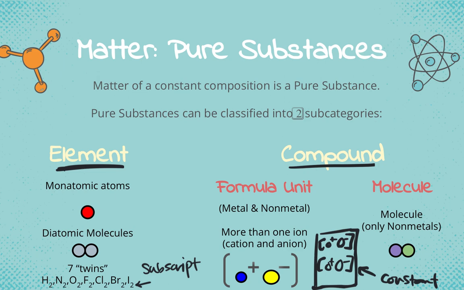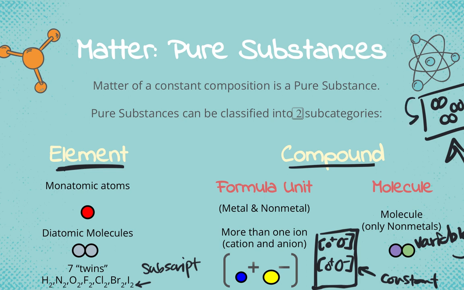Compounds can also be molecules, and like I just mentioned, the particle of this molecule has a variable composition, but if I were to make up a whole sample of those molecules, they would be the same throughout that entire sample.